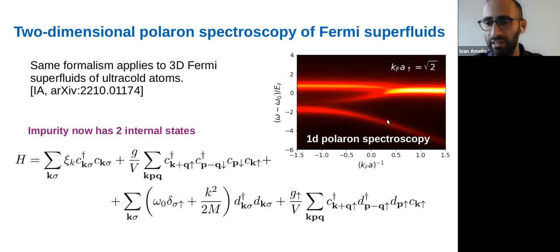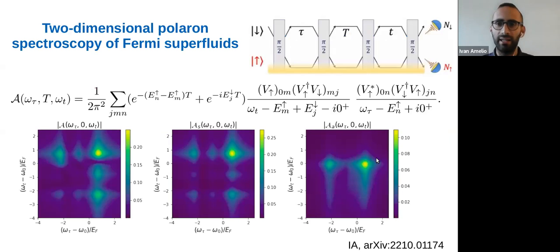The plot is very different because it's expressed in terms of the scattering length and not of the density, but the physics is very similar. And there was a recent proposal by Wang and others. I forgot to put the reference, but you can find it in my preprint.